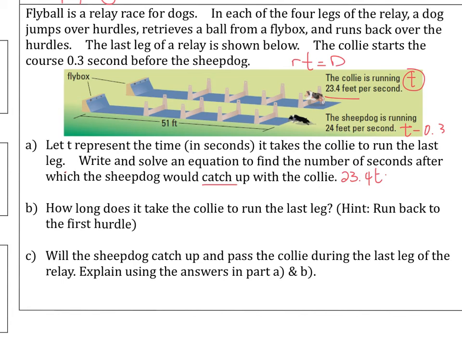And they're going to run the same distance, so I could set that equal to 24 times t minus 0.3. Because of this factor, this will tell me when the sheepdog will catch up with the collie.